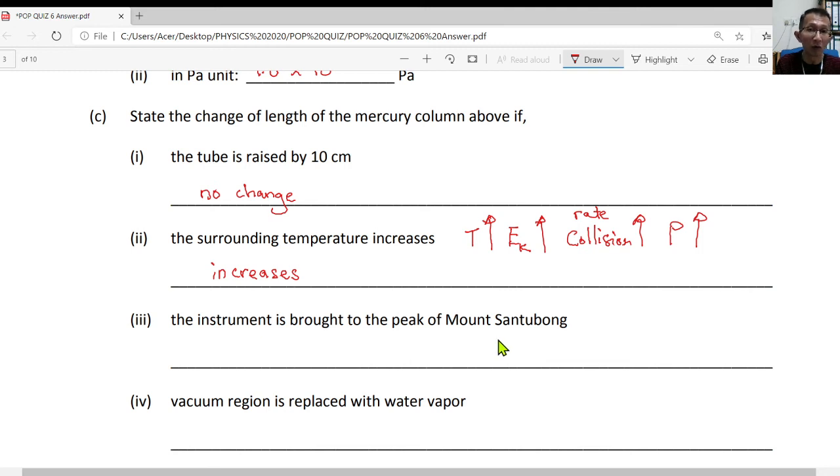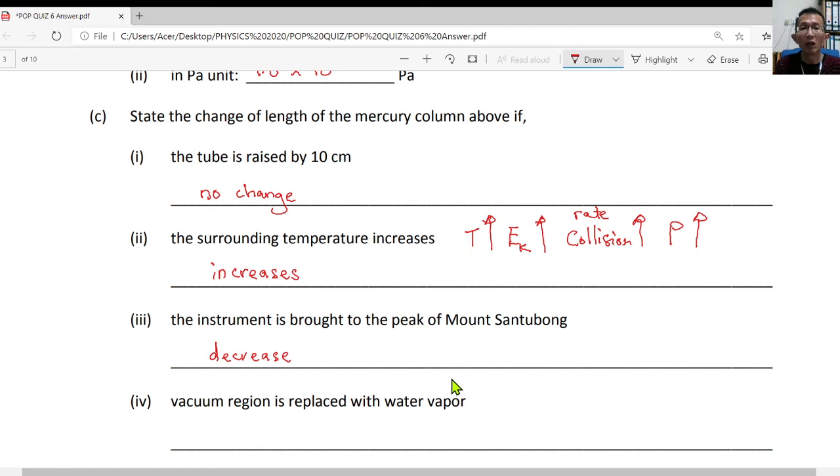Meaning what happened to the rate of collision? Decrease, right? So the rate of collision decreases, what happened to the pressure? Yes, so the pressure will decrease as well. So the answer here, if we are going to bring this instrument to the peak of Mount Sentubong, the length of the column of mercury will decrease.